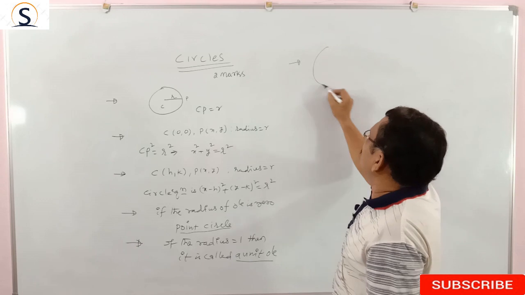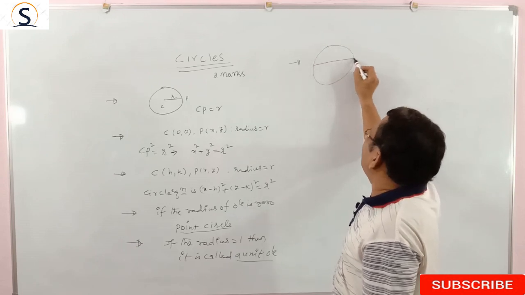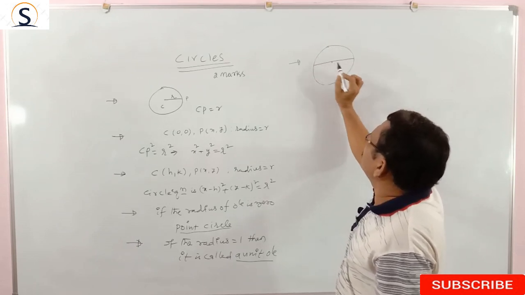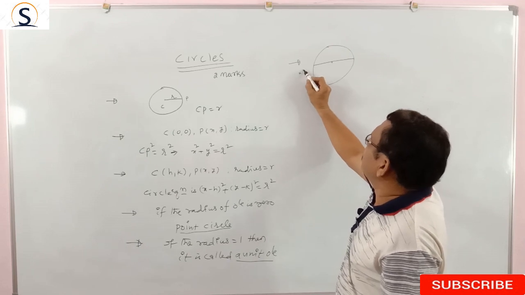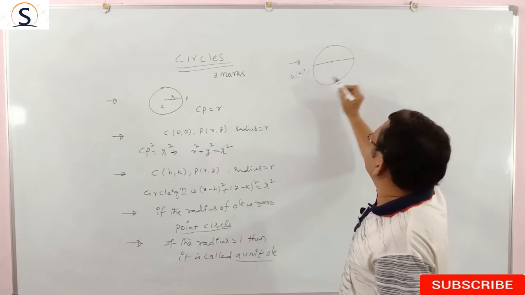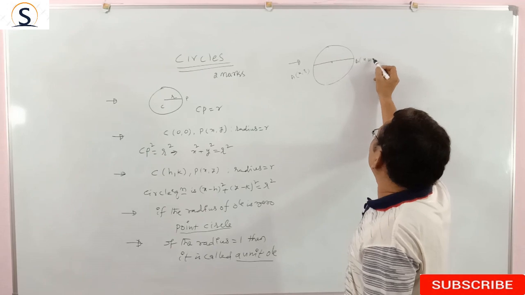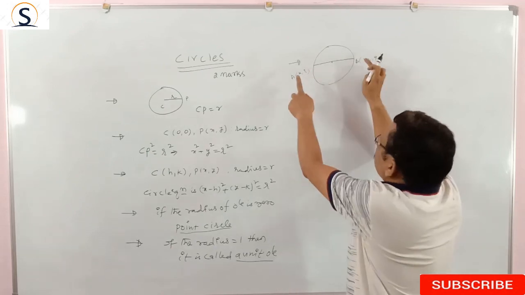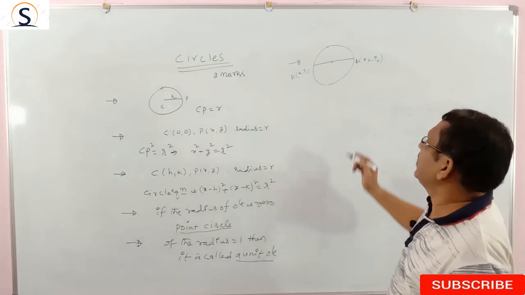Now, you know the diameter of a circle. The diameter passes through the center of the circle. Suppose A (x1, y1) and B (x2, y2) are the end points of the diameter of a circle.